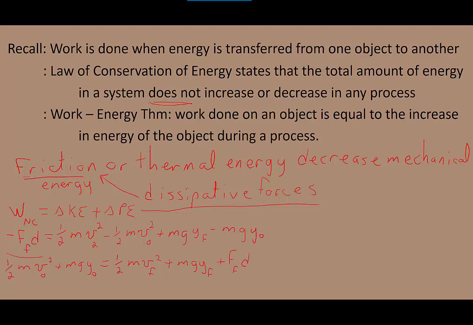This equation showing that our initial energy is equal to our total of finals is both the work energy theorem and the law of conservation of energy. It's basically showing that they are the same thing.